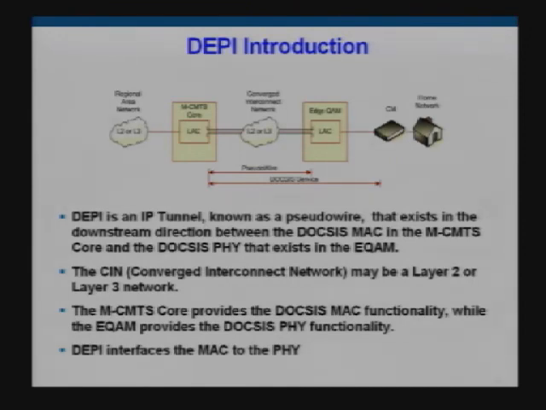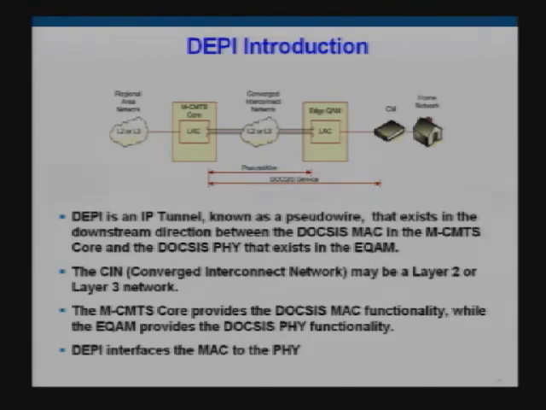We know that there should be a transport link from the MCMTS core to the EdgeQAM to transport the DOCSIS MAC layer, the downstream MAC layer information, into the EdgeQAM, right?